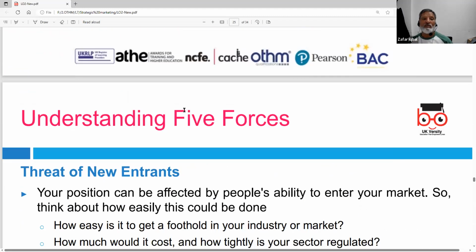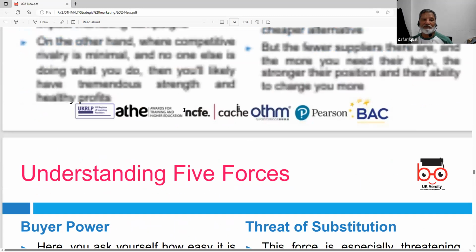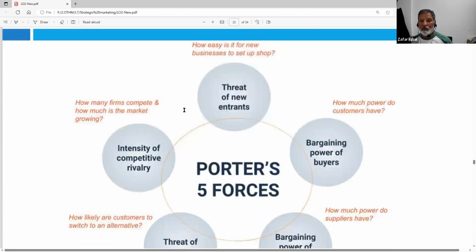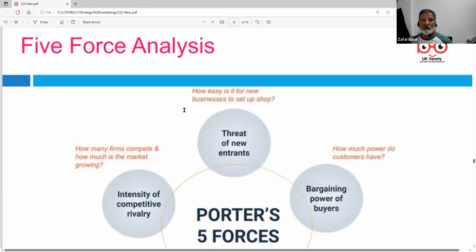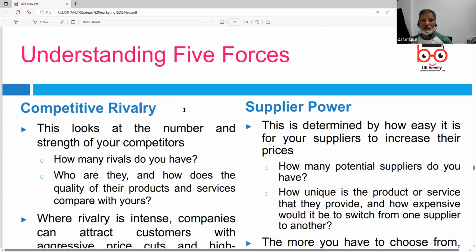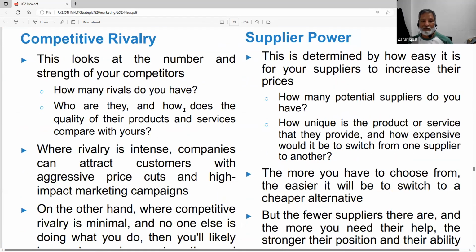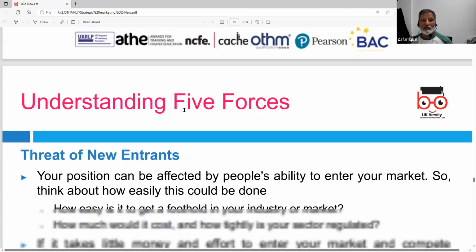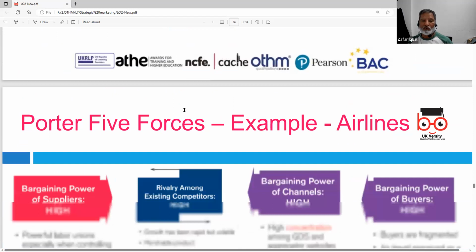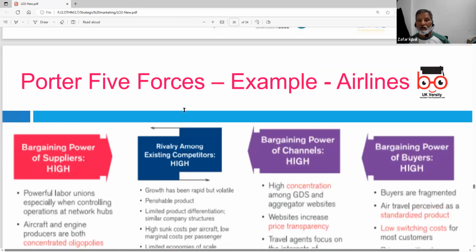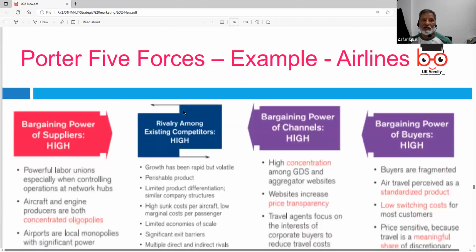So the 5 forces model, Porter's 5 forces model, can be used as a gauging tool, as an environmental analysis, to determine your policy, to determine your organizational strategy. Okay, so it's quite important, and you can take this as an example.